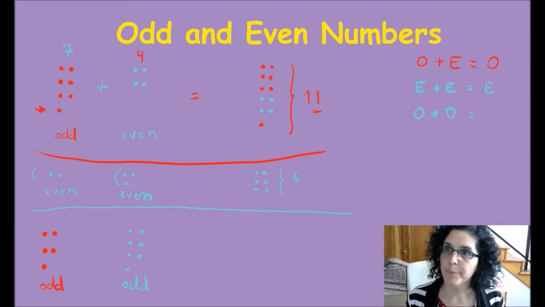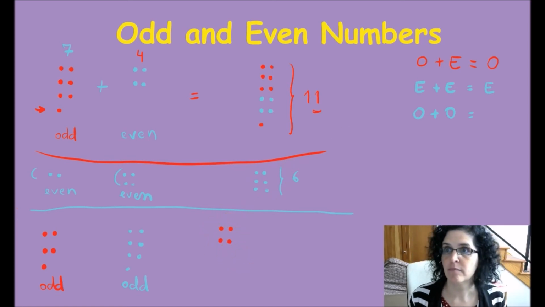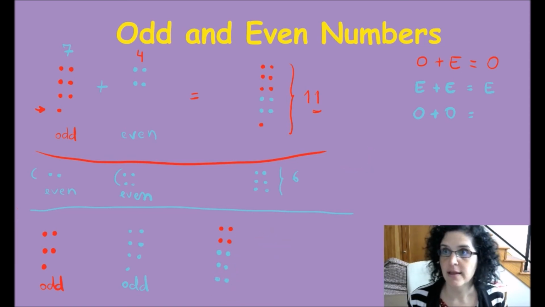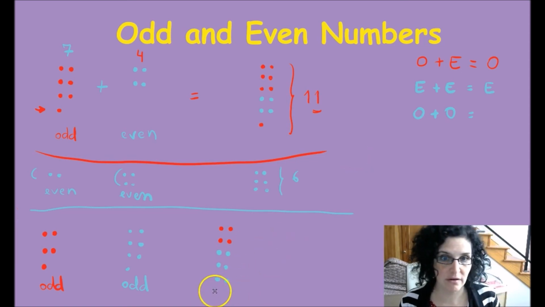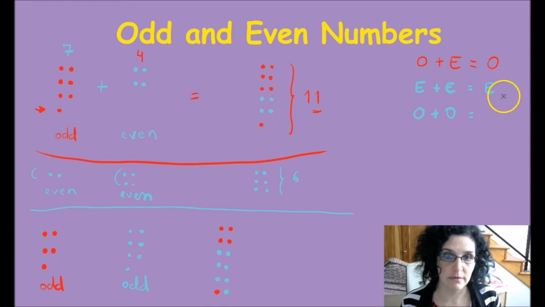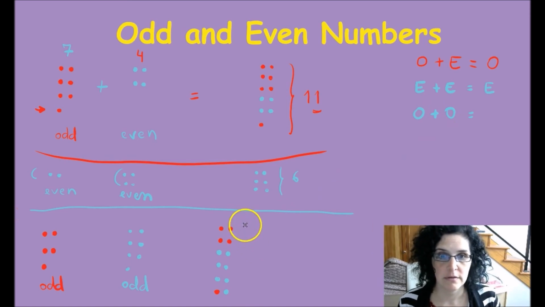So we have our pairs from the first odd number. Our pairs from the 5 are here. And we have our pairs from the second odd number, which are here. And then we have one extra from the first number and one extra from the second number. We just transformed the two odd numbers into an even number.